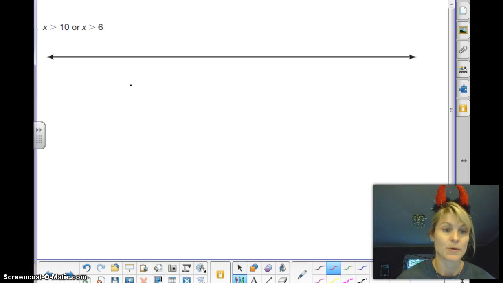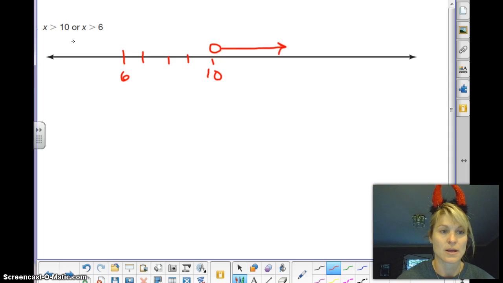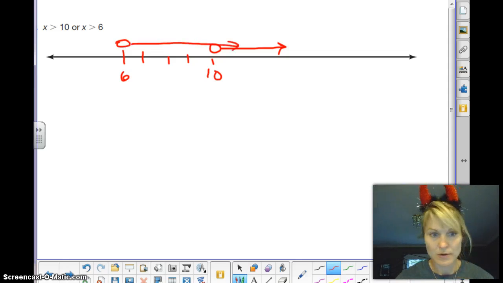So I make my number line. Here's 6, 7, 8, 9, and 10. x is greater than 10 and it's not equal to, so we do an open circle. And then this one says x is greater than 6, so it goes this way. Do you see how they overlap?